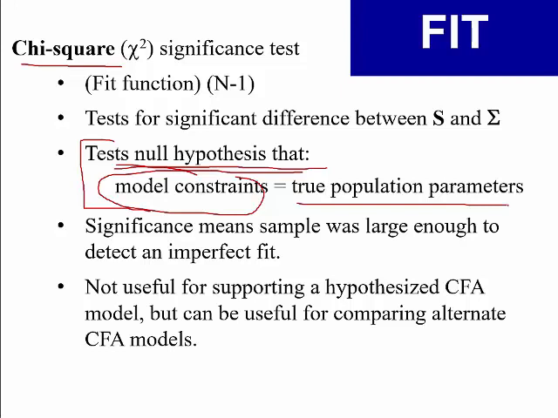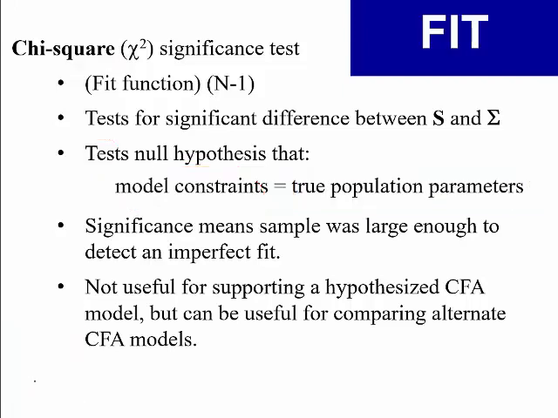So if I constrain a pathway to be 0, if I say a particular item has a 0 loading on a factor, then I'm testing the null hypothesis that that constraint is actually what the true population parameter is. So when we're doing a chi-square test, we're testing the null hypothesis that the model constraints that we placed on our model are exactly what the true population parameters are.